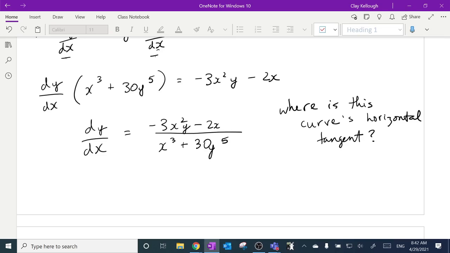Okay, so where is this curve's horizontal tangent? Any ideas? Well, let's see.